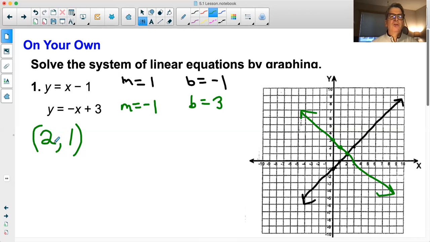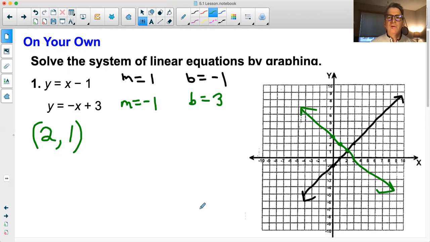And then if you take 2 and take the negative of that, it'd be negative 2, add 3, you would be at positive 1. So both these equations check out with that solution. X is 2, Y is 1. Now what's nice about these first 3 on your own, they're all in slope intercept form. And that's easy for us to graph.